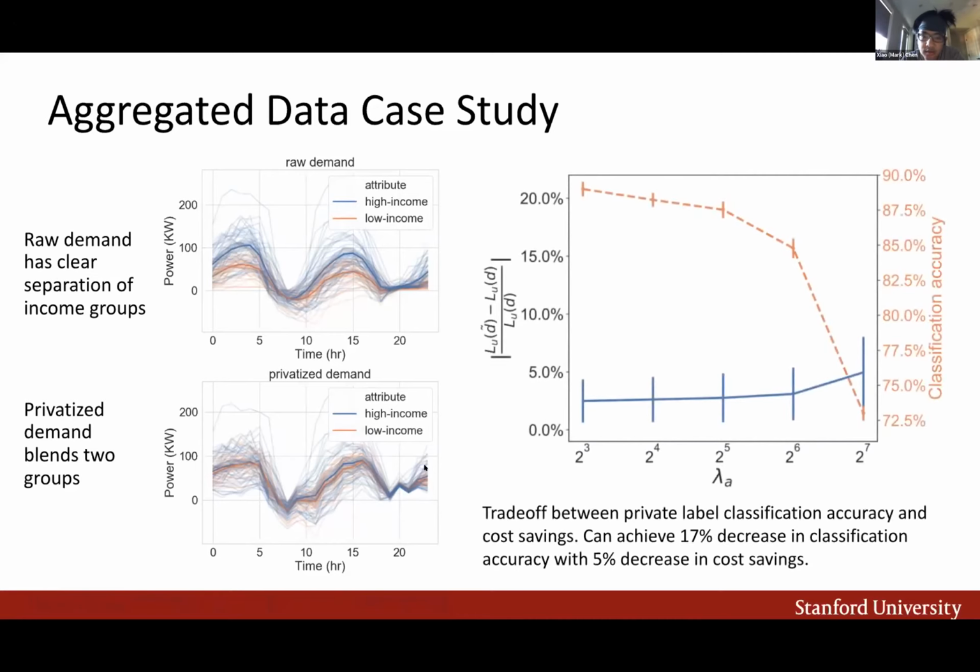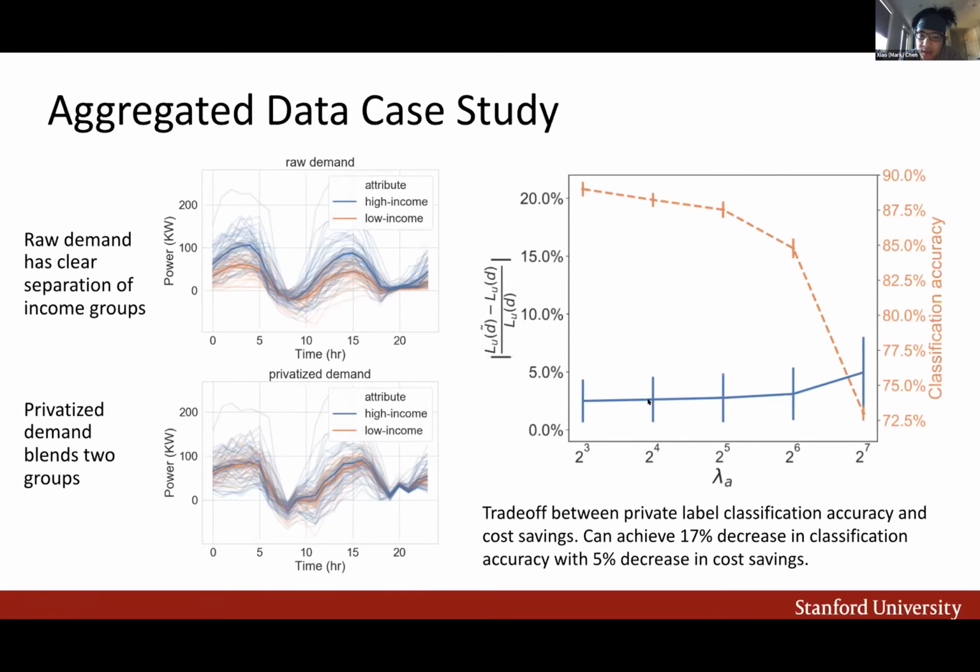On the right-hand side, this is the plot showing the trade-off between privacy and utility. The utility here is measured by the gap: the privatized demand control cost minus the raw control cost, divided by the raw control cost.